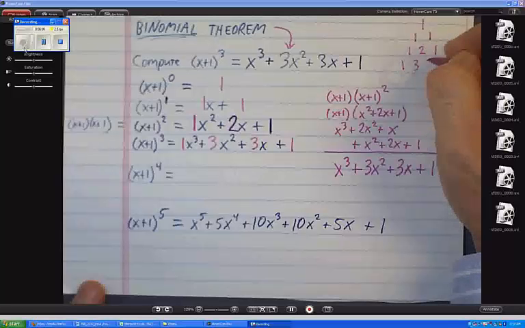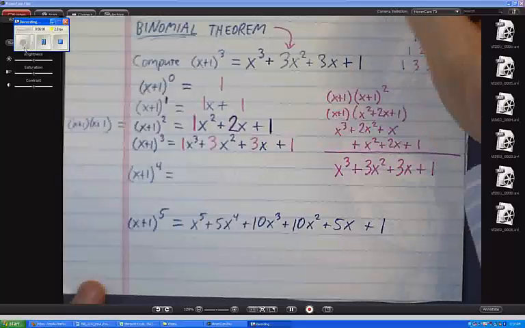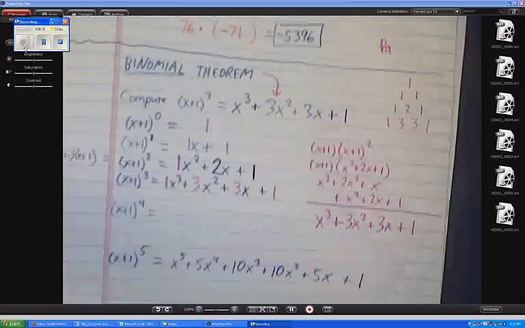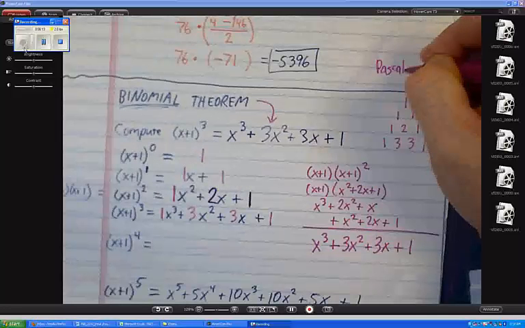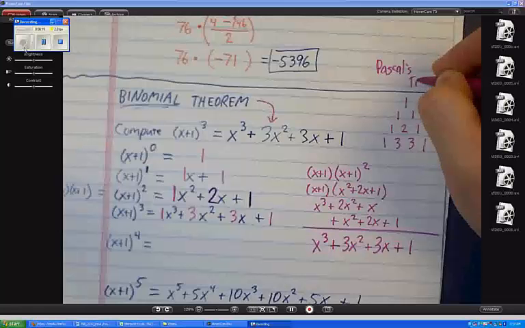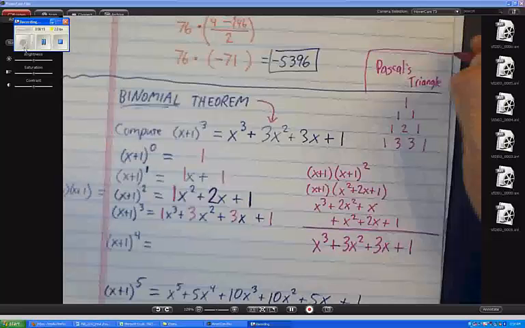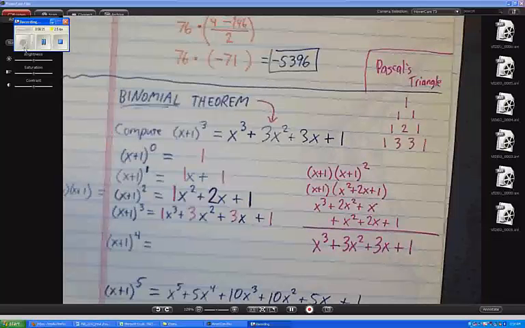Sometimes called Pascal's triangle. Pascal was a mathematician and philosopher from France from about 400 years ago. Blaise Pascal. And this triangle's not his. He worked with it, but people have known about it for thousands of years. You can find this in ancient Babylonian texts, this exact triangle.